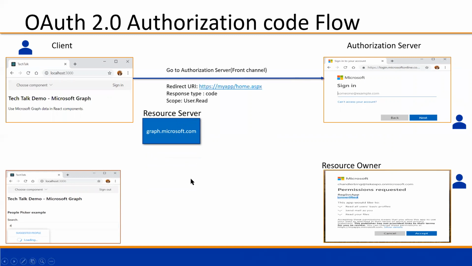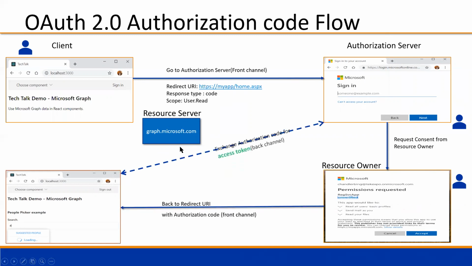The type of grant is called the authorization grant. We have the redirect URI, the access token, scopes, and the consent, where the user provides consent, whether it is accepted or a yes/no user consent. These are the entities and terminologies used in an OAuth flow.